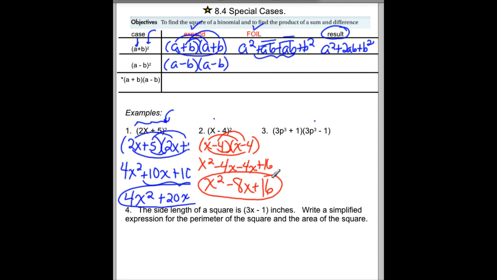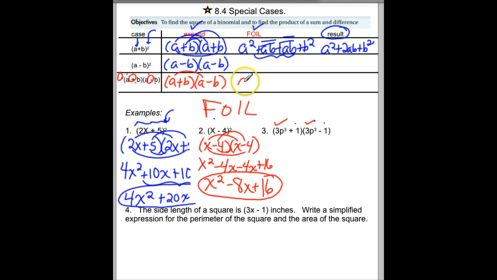Now this last one, actually I put a little star by this because this one sometimes you can do a shortcut. If you notice that you have the exact same things in the front, the book calls them A and A, and the exact same in the back, the book calls them B and B, but the only difference is in the signs. What happens is when we do FOIL, because again, we are really just FOILing. I'm not really teaching you much new here.